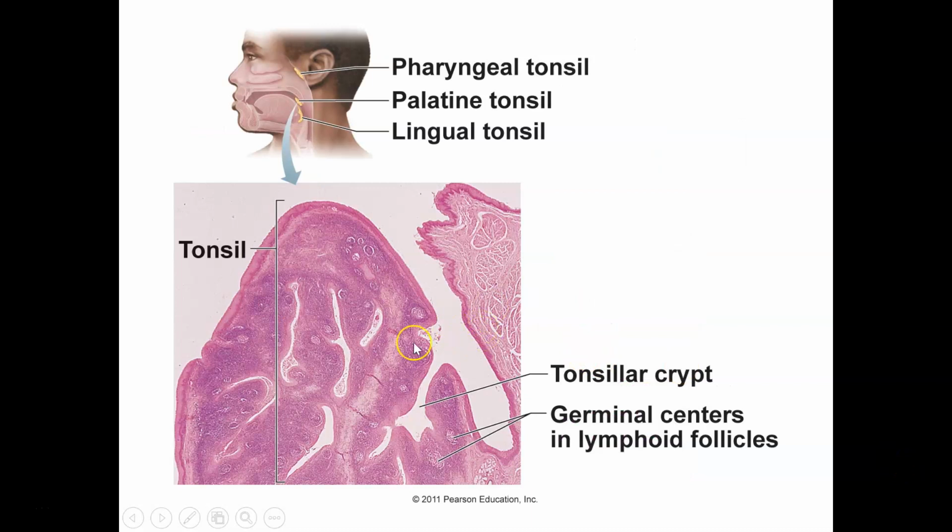Okay, and this is just a further magnification. I included this slide mostly because it's a really good illustration of the crypt. And look at all these crevasses for trapping stuff and bringing it close to the immune system cells in these lymphatic nodules. Okay, so that's what the tonsils are all about.